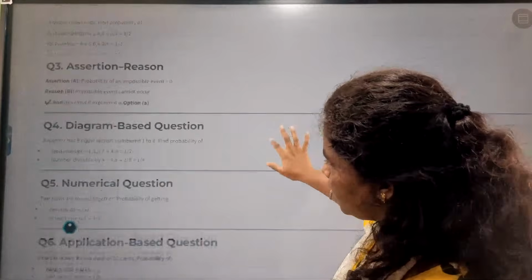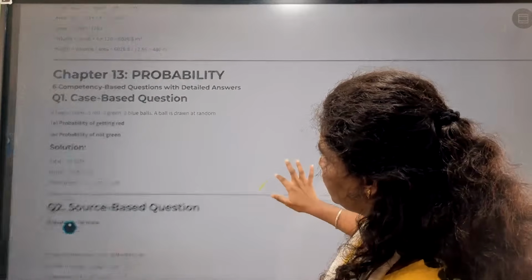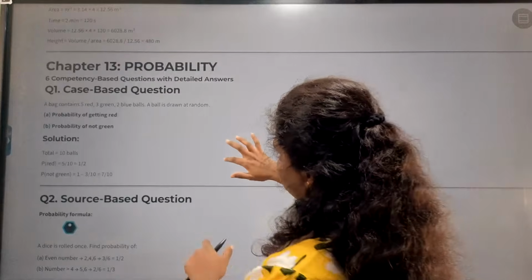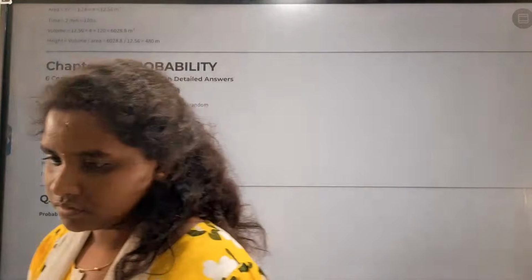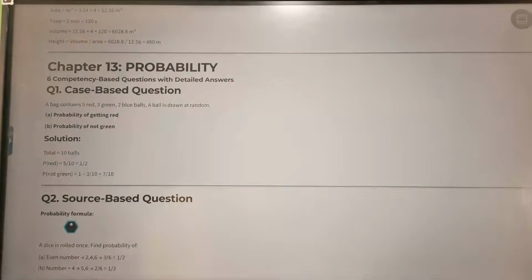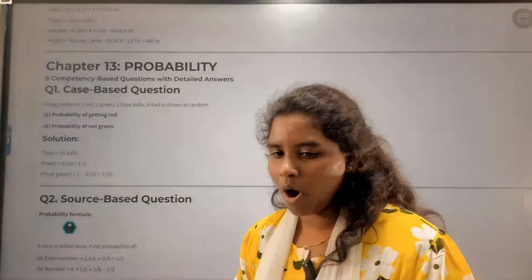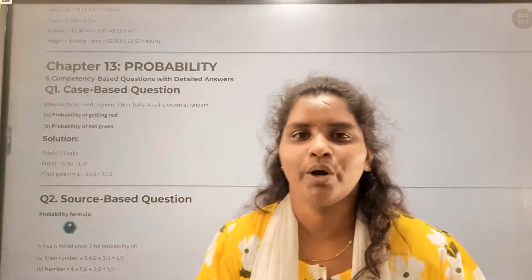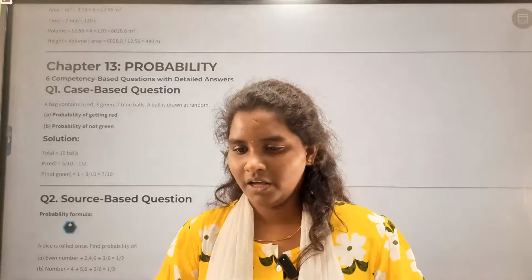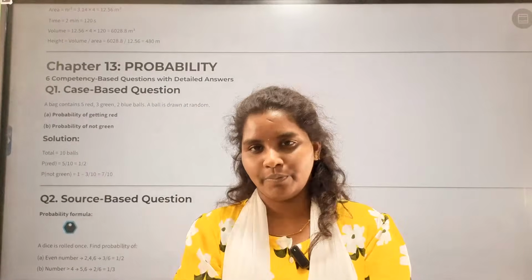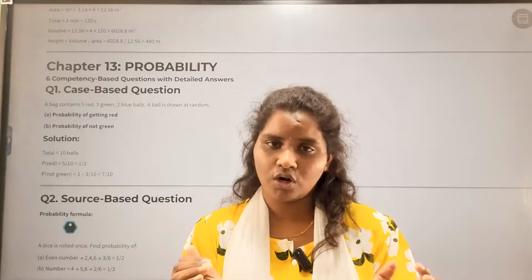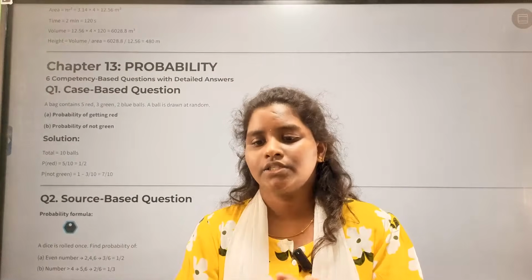The last chapter, probability: is it easy or tough? Most of probability is easy. Here we have only one formula, right? In the denominator we have the total sample space, and in the numerator the favorable cases.